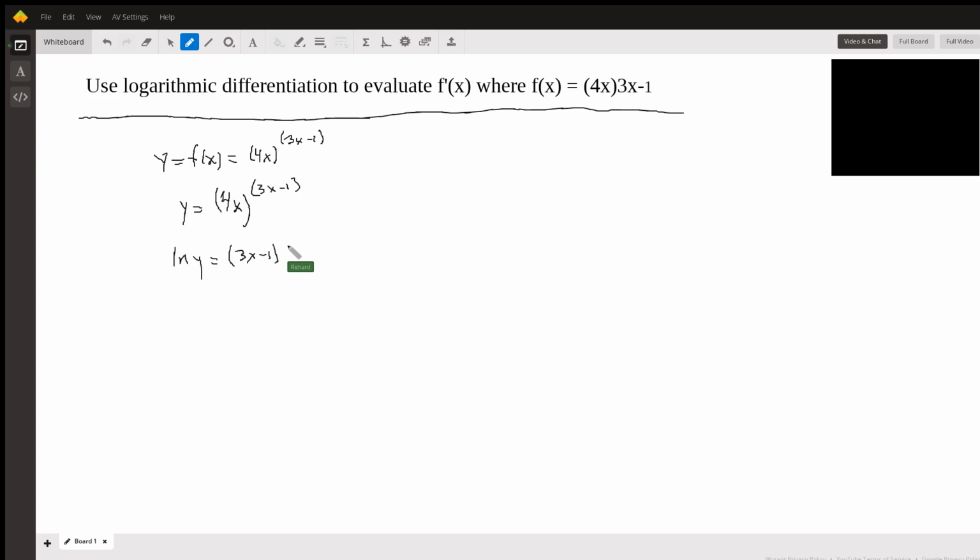well, the log of a power. I don't know if you remember. Let me just rewrite, just show you all the steps here so you don't get confused. So then I'm going to take the log of both sides. So we'll just take the log of this thing, 4x raised to the 3x minus 1 power.